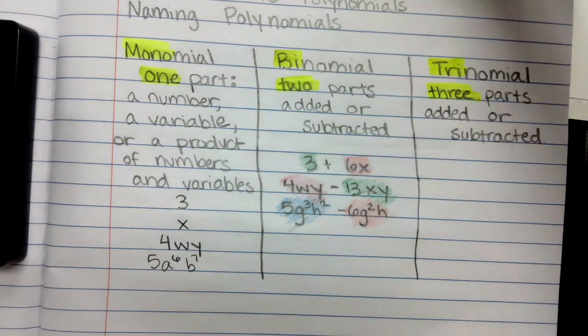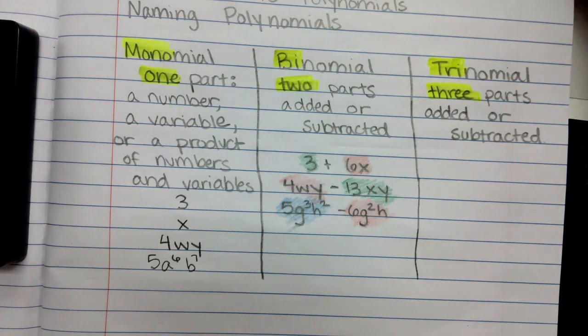Okay, so big thing here is when we do this, we have to make sure that we don't have any like terms, because if we have like terms, we could combine those into one part. And we want to make plus 9y minus 6.